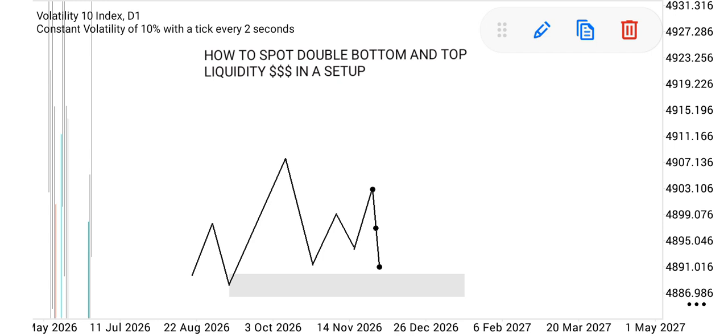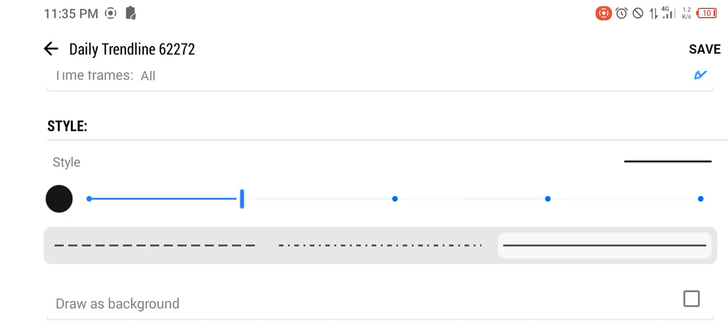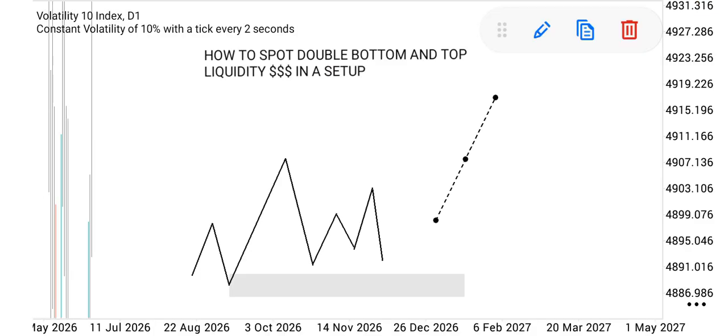So now let me show you my double bottom liquidity. It's a very easy thing to spot if you just pay a little attention. You see this point, the market has to create something like this for you.